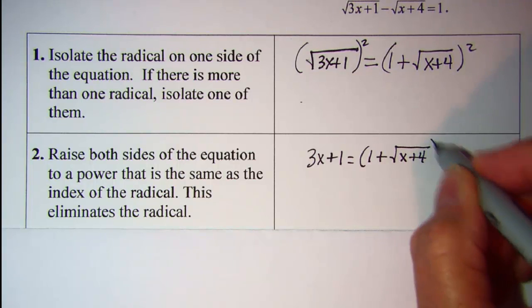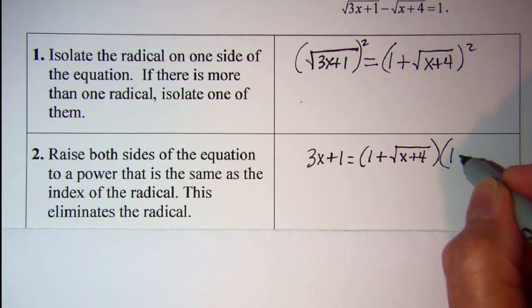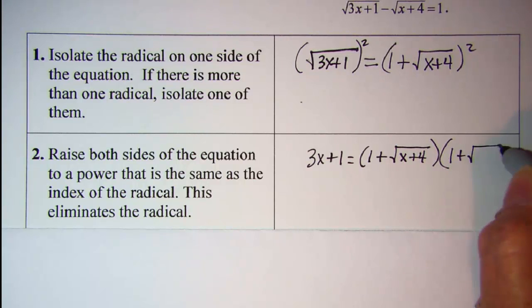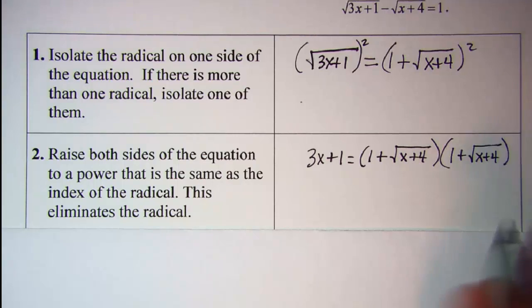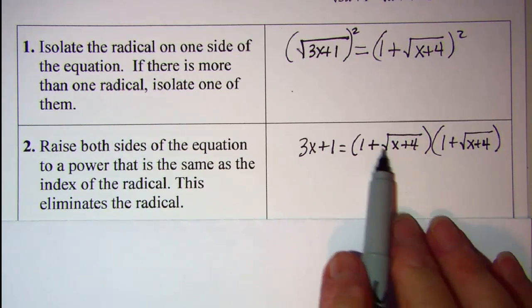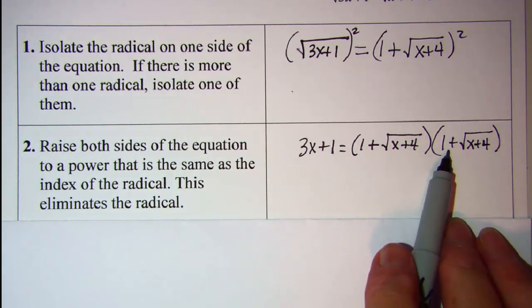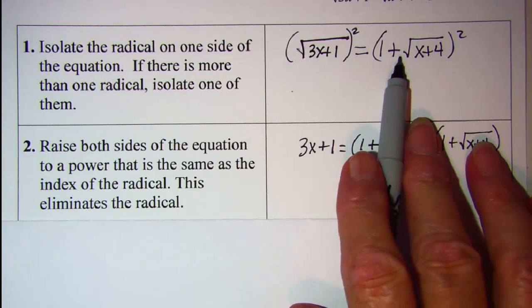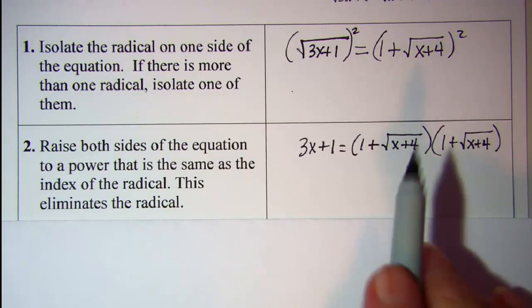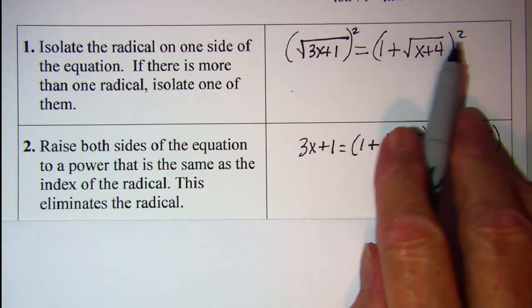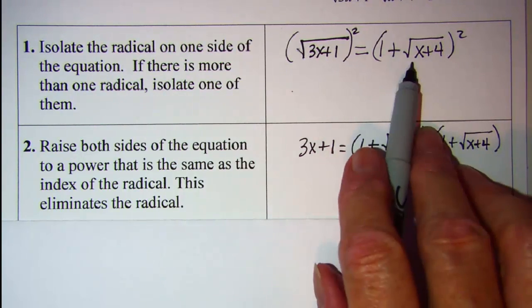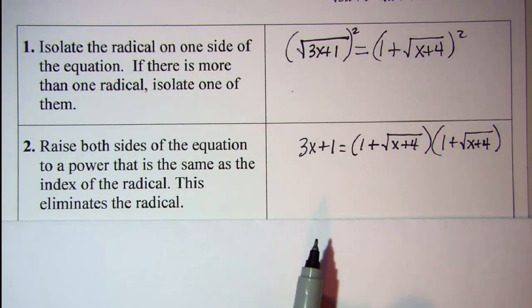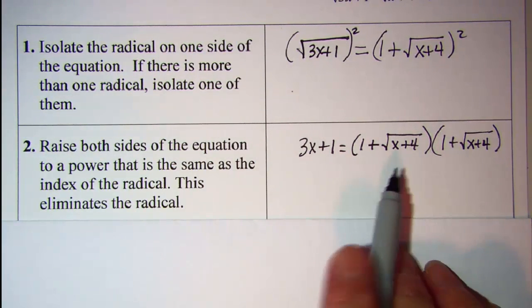So I'm going to actually write that. Because we have to use FOIL on this right side in order to square this expression. Too often students think that they can take a shortcut and square each term and they're done, and that doesn't work. And you'll see that in a minute.